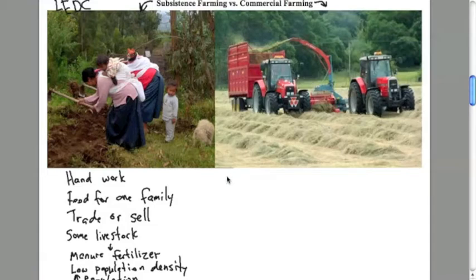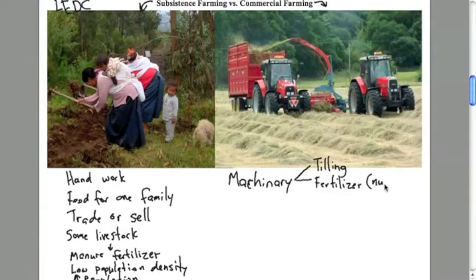So one of the first things that sticks out to you in the commercial farm is that they are heavily reliant on machinery. Now, in this machinery, you can see one of the processes here, but really there's a lot of things that go into this. So a lot of times they might go into tilling the soil, which is turning it over. They might use it to spread fertilizers.